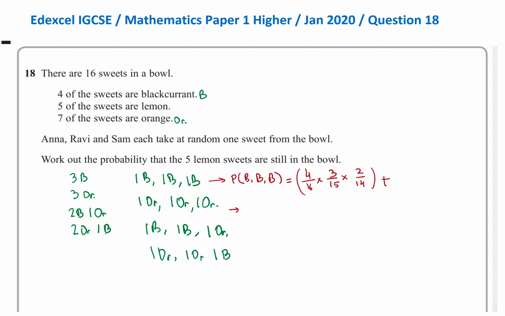So the probability of 3 oranges: there are 7 oranges, so 7 over 16 multiplied by 6 over 15, multiplied by 5 over 14.